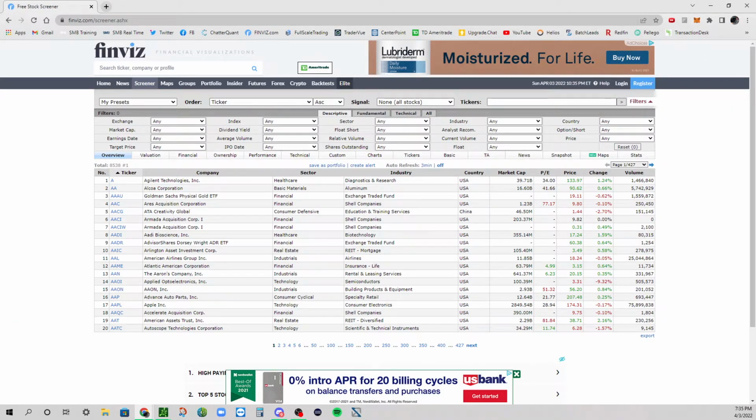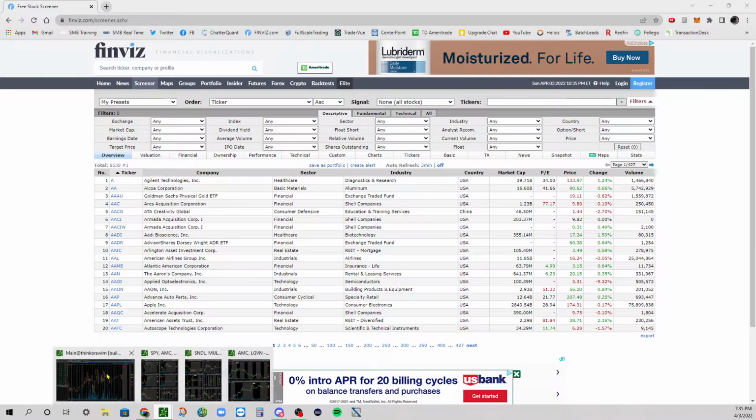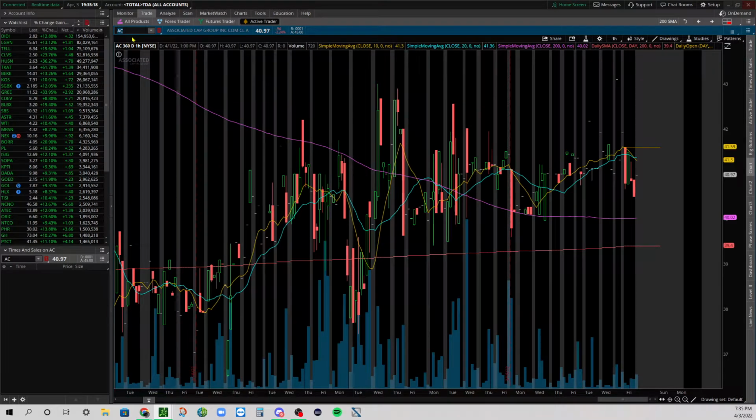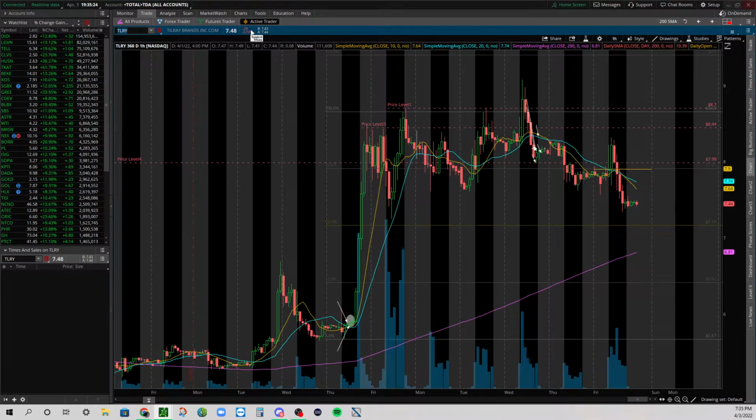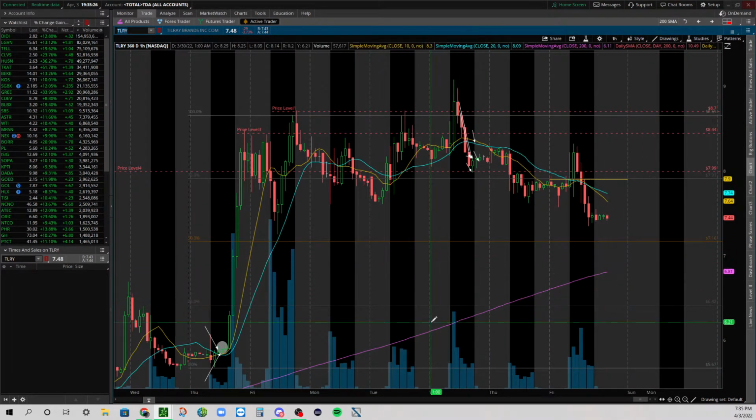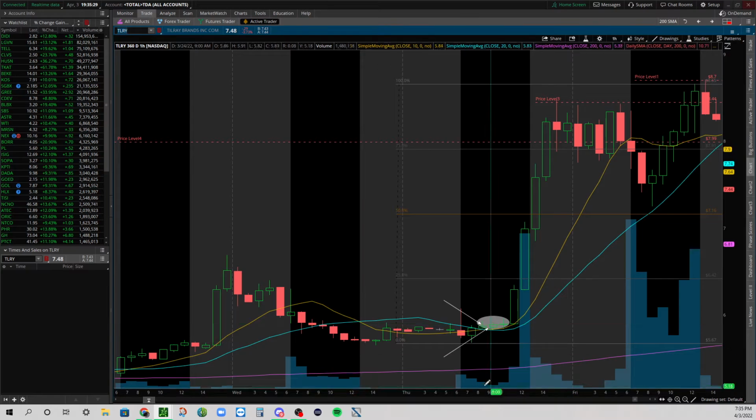Let me see what else. The stop loss. Does that make sense to you guys on the stop loss? Yeah, when it crosses above the 20 on the opposite side. It's literally as simple as that. If you're taking a trade to go long, right?